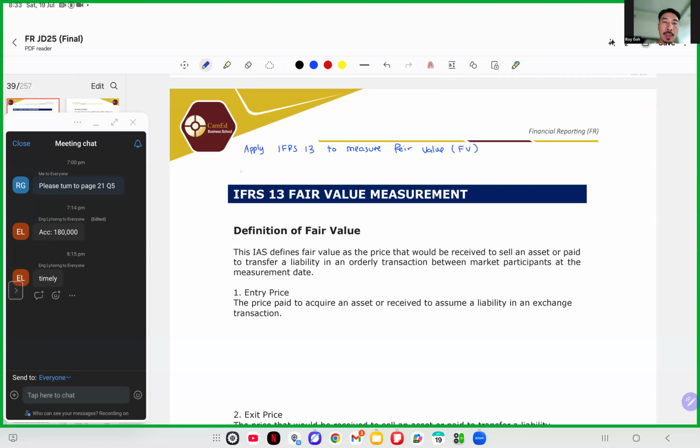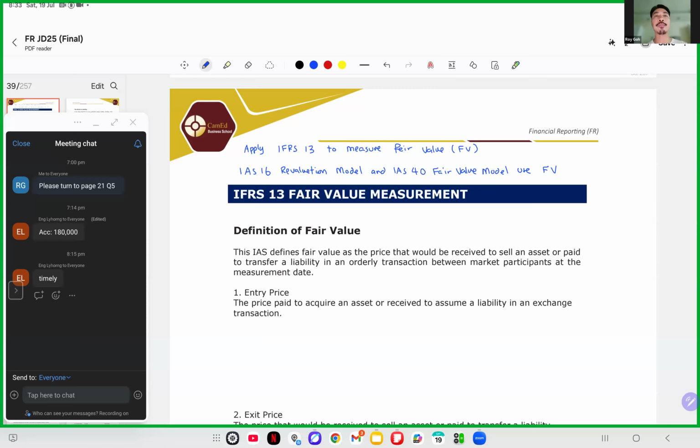And then IAS 16, revaluation model. This is just an example, yeah. Revaluation model. And IAS 40, fair value model. They will use this fair value. So which one comes first?